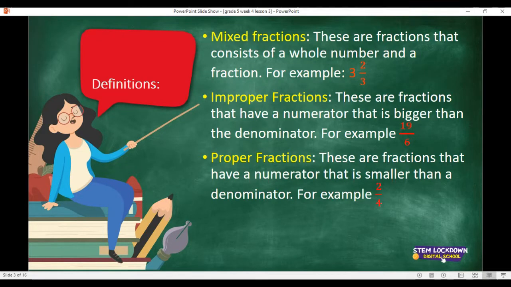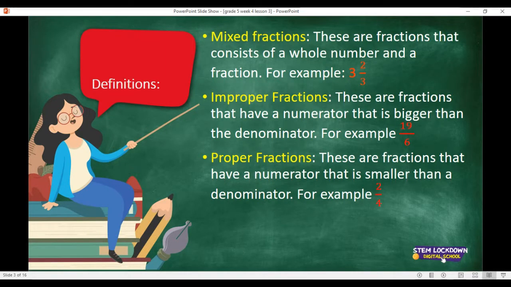In simpler terms, if I talk about a whole number, I'm talking about that orange that is not peeled yet. If it still has its peel, that's a whole orange. But the minute you take your knife and cut your orange into 4 and you take one piece, then that is a part of a whole. So then we call it a fraction. So a fraction is a part of a whole, and a whole is a full, untouched one. So a mixed fraction consists of a whole and a fraction.